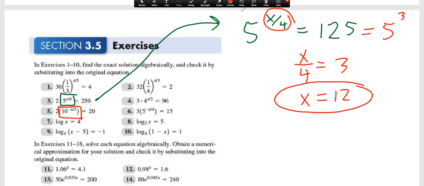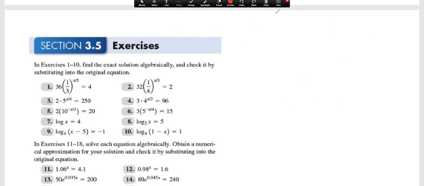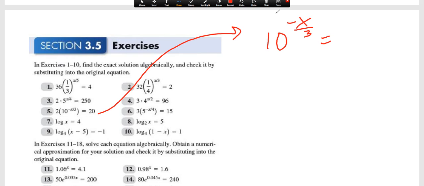We want to isolate the 10 on question 5. We want to isolate the 10 to the negative x over 3. How do we isolate that 10 to the negative x over 3? Divide by 2. Okay. So 10 to the negative x over 3 equals, if only we knew what 20 divided by 2 was.